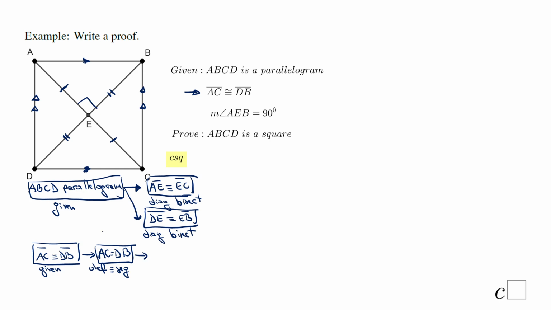And now let's take a look. AC is the sum of AE and EC, and DB will be the sum of DE and EB. This is the segment addition postulate, like I said.